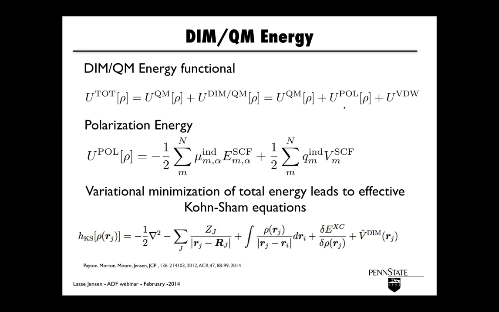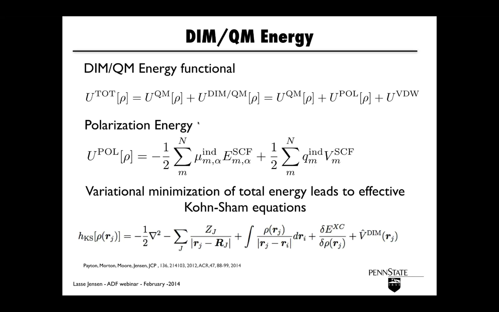These terms describe the mutual polarization of the molecule by the metal nanoparticle and the metal nanoparticle by the molecule. And then you have a van der Waals term as well. Here it's again the polarization terms: the electric field times the induced dipole, which is the classical energy due to an induced dipole, and the classical energy due to an induced charge.